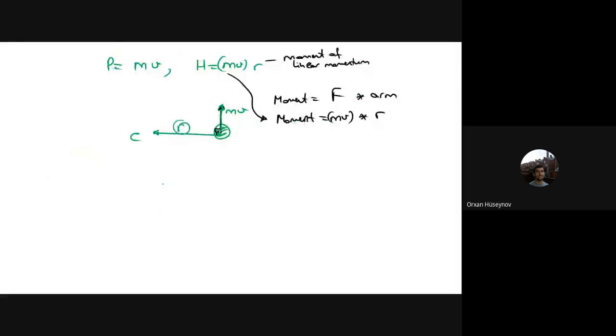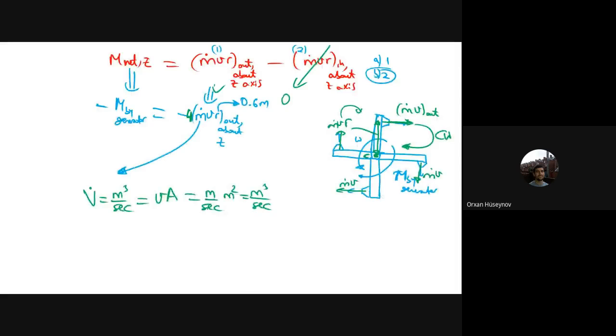For this question, the volume flow rate is given, which is 20 liters per second, but I can convert it into mass flow rate. Mass flow rate is rho VA, in other words, rho times volume flow rate. Rho is 10 to the power of 3, and the volume flow rate is 20 liters per second. I can convert it into meter cubed, using 10 to the negative 3 meter cubed per liter.